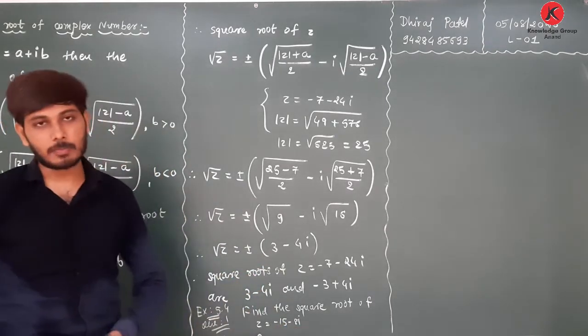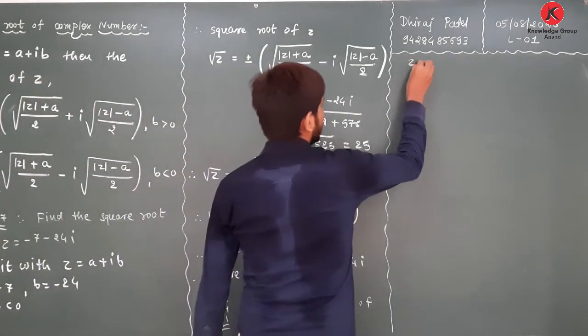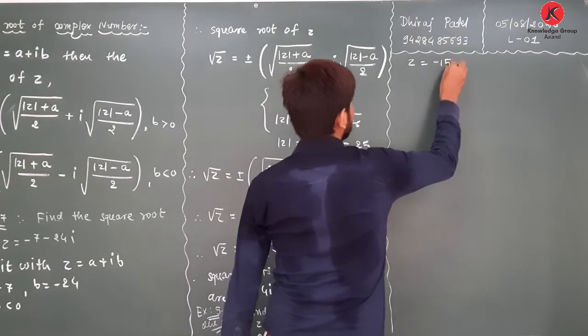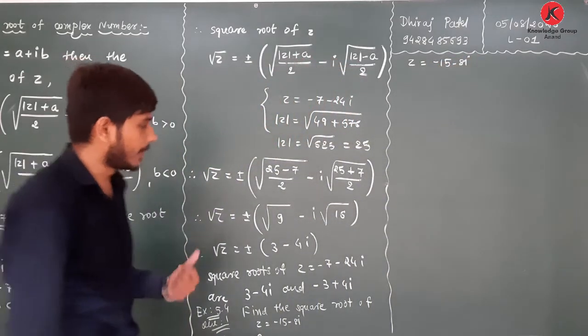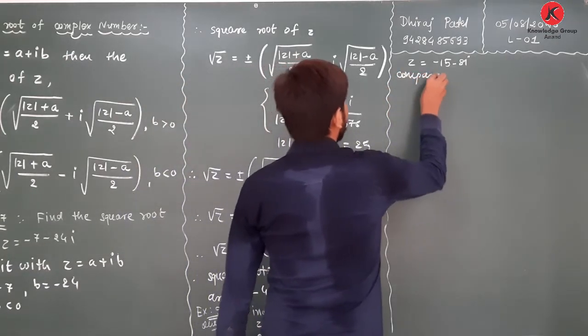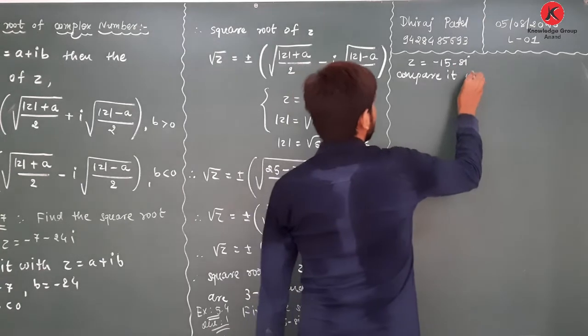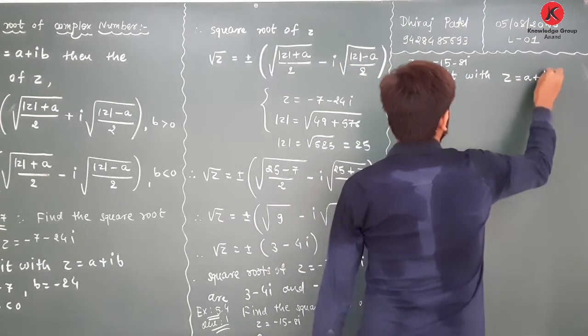Yes, the complex number is already in standard form. Then we have to compare it with z = a + ib.